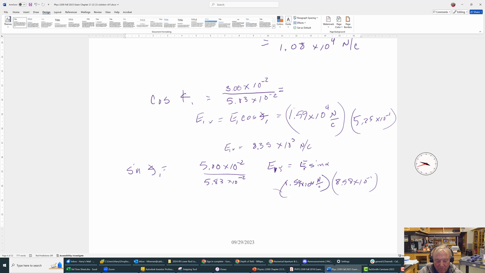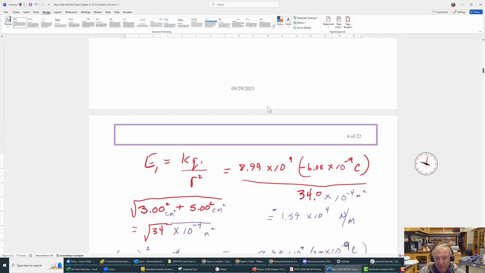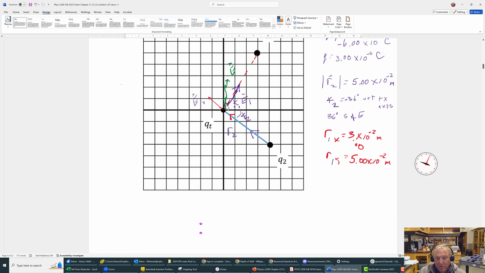E minus 1 times. And I get, still pretty big, 1.36 times 10 to the 4th newtons per coulomb. Well, that makes kind of sense. We guessed that the X component here would be pretty small, and it is.